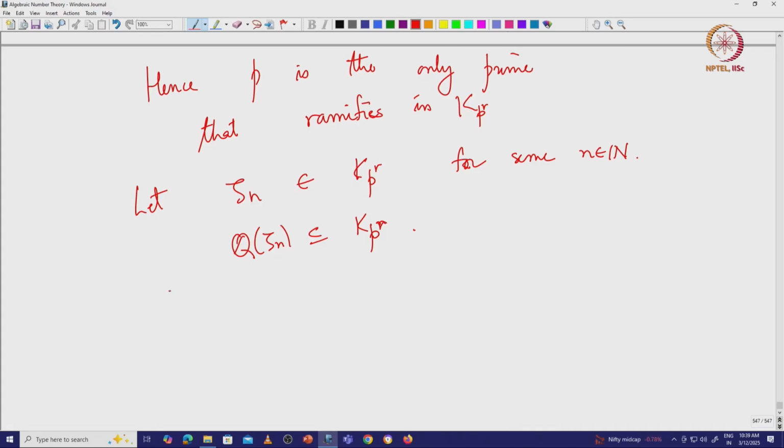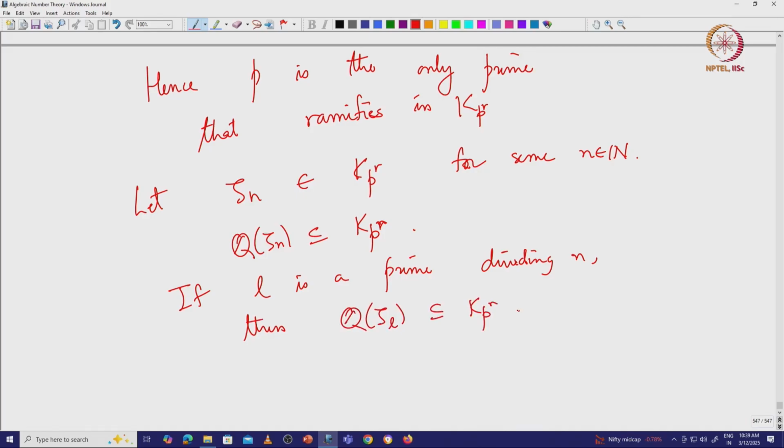So, in particular, if L is a prime dividing n, then Q(zeta_L) is contained in Q(zeta_{p^r}), right.